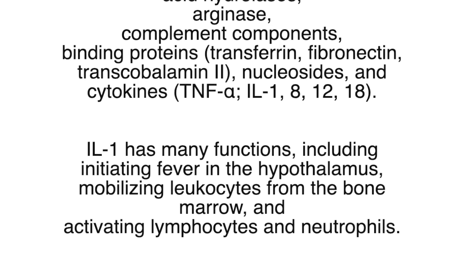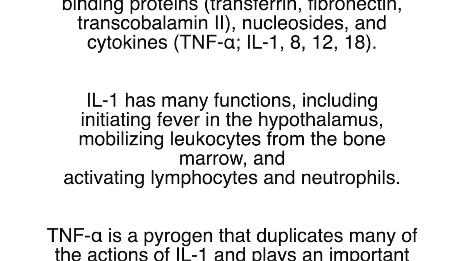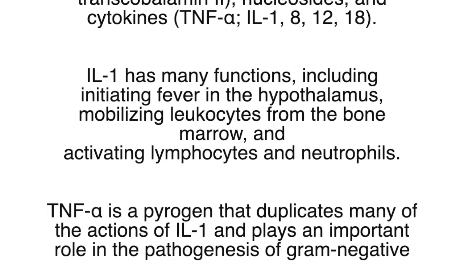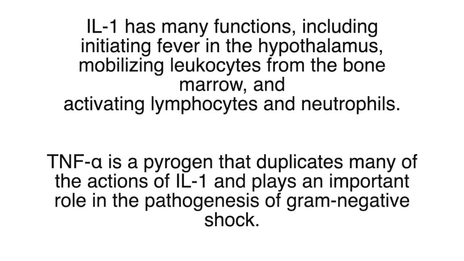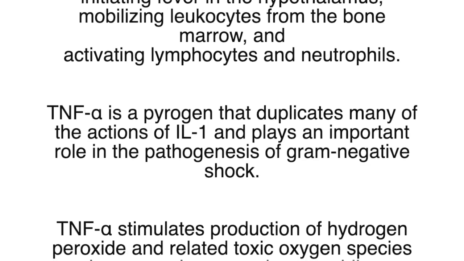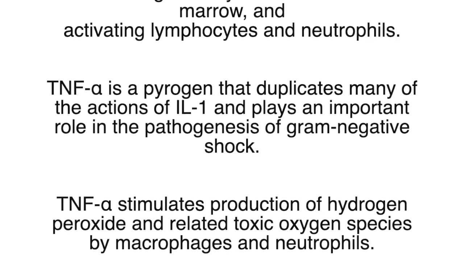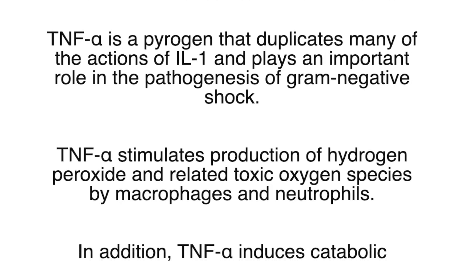IL-1 has many functions including initiating fever in the hypothalamus, mobilizing leukocytes from the bone marrow, and activating lymphocytes and neutrophils. TNF alpha is a pyrogen that duplicates many of the actions of IL-1 and plays an important role in the pathogenesis of gram-negative shock.